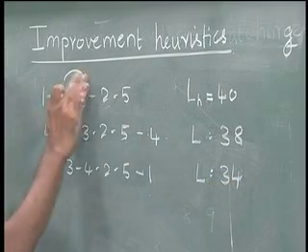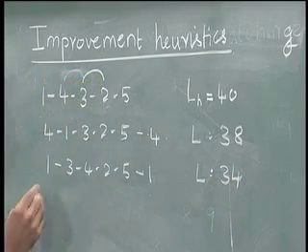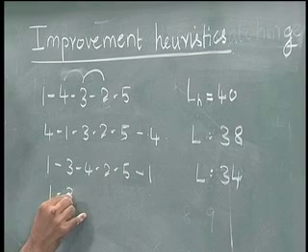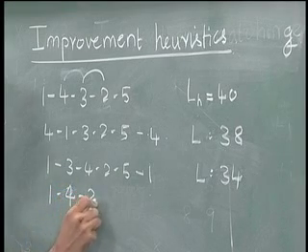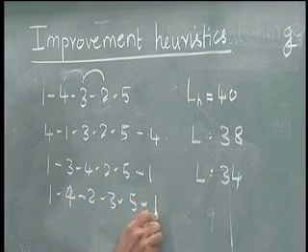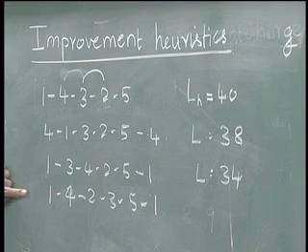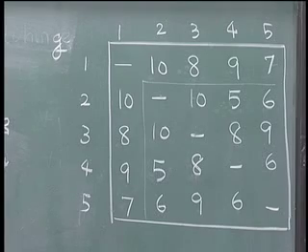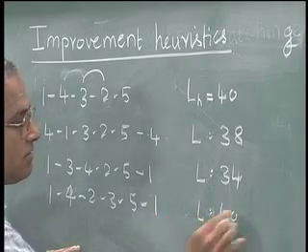We can try this adjacent pairwise exchange to get 1 4 2 3 5 and 1. So, 1 4 is 9, 4 2 is 9 plus 5, 14, 2 3 is 10, 24, 3 5 is 9, 33, 5 1 is 7, which is L equal to 40.